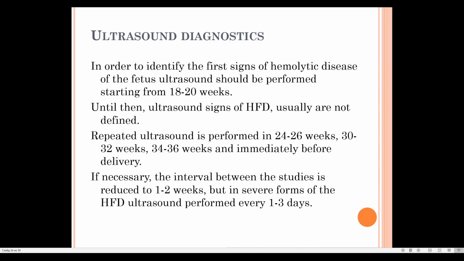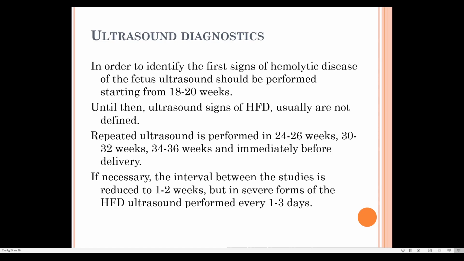Ultrasound diagnostics. In order to identify the first signs of hemolytic disease of the fetus, ultrasound should be performed starting from 18 to 20 weeks. Until then, ultrasound signs of hemolytic fetal disease usually are not defined.